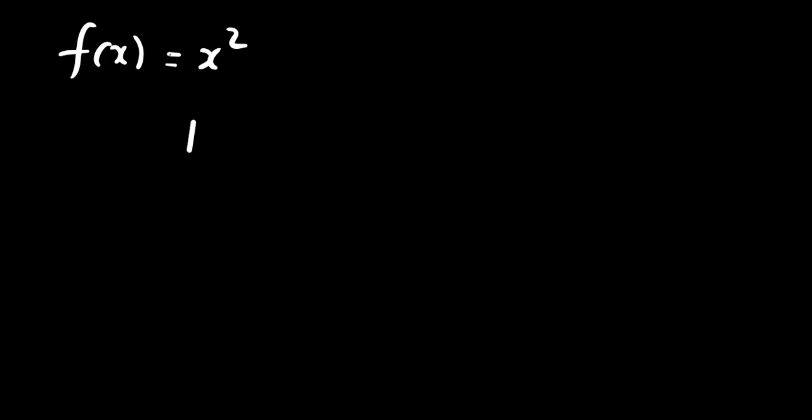Let's say this is our graph. So how are you going to graph this one? You realize that x has a positive coefficient, so you are going to the positive values of x.